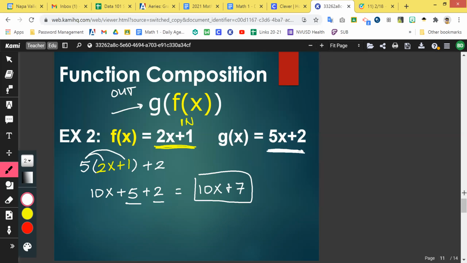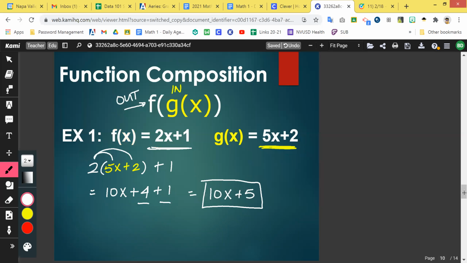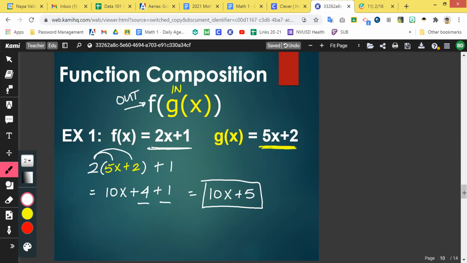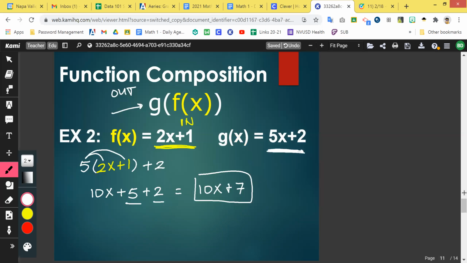Okay. Now, really important, we use the same functions for example 1 and example 2, but let's look at the answer for example 1, 10x plus 5. And let's look at the answer for example 2, 10x plus 7. Just because we're using the same functions does not mean that the answer is going to be the same.